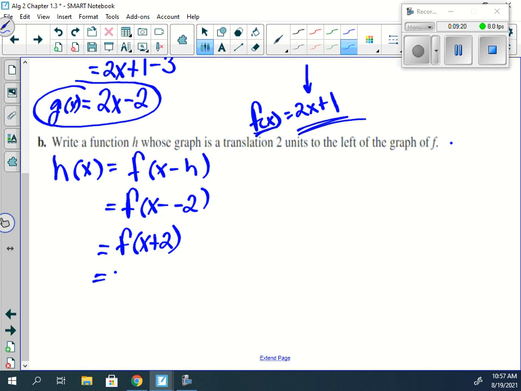So I'm going to have 2 times, well, it was x, it's now x plus 2, plus 1. Now we're not quite done yet because we have that 2 times a set of parentheses. We can simplify that. If we can, we're going to.